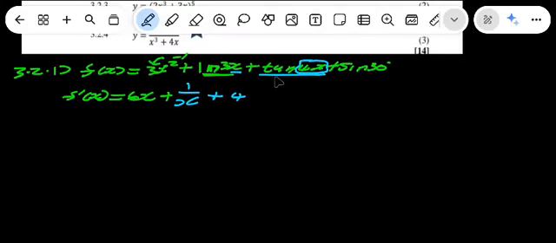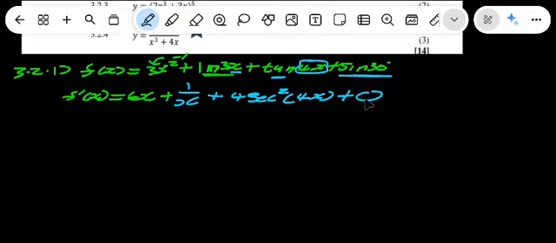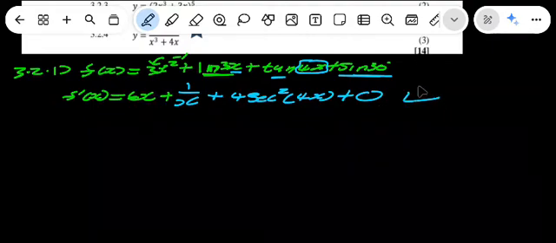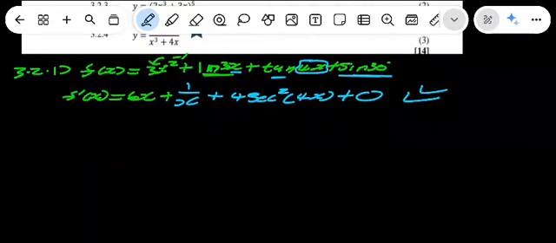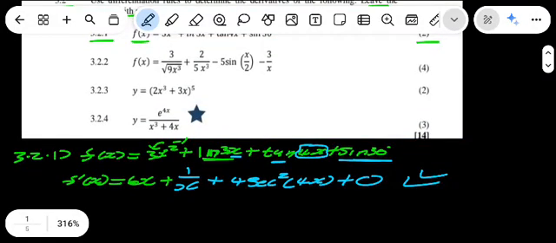Then you differentiate tan, which is secant squared, and you write the angle as it is, which is 4x. Plus sine 30 degrees is a special angle, just a constant. The derivative of a constant is 0. So you are good to go, you are done with that.